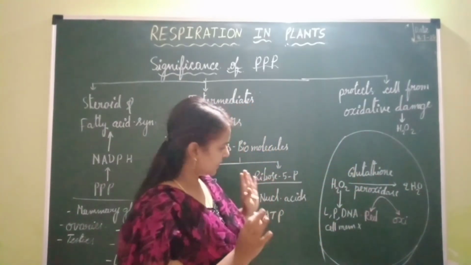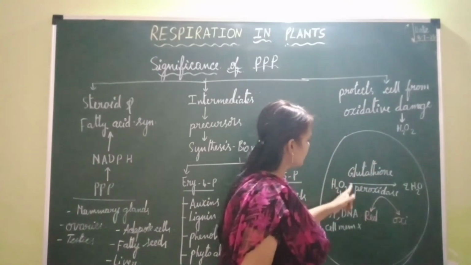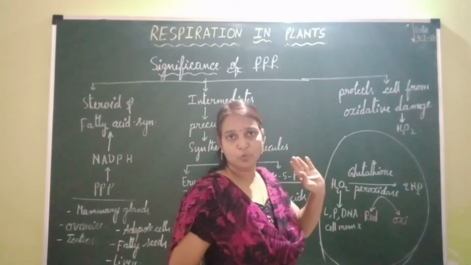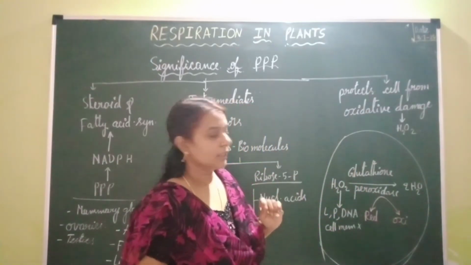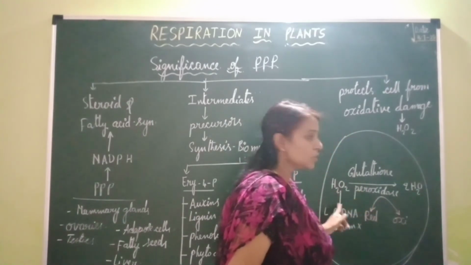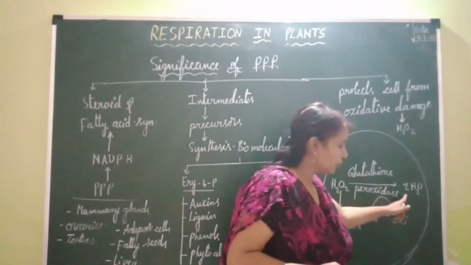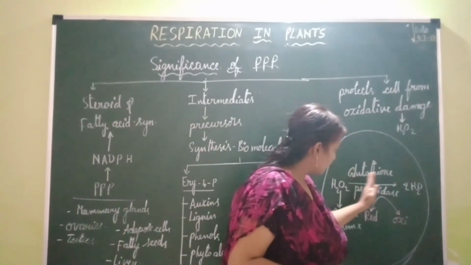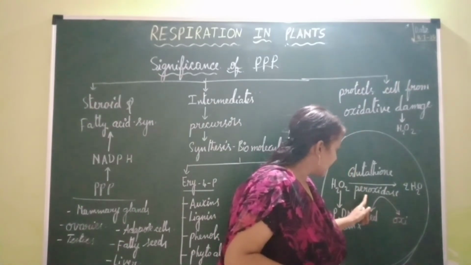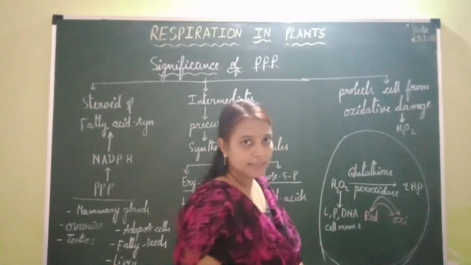In its reduced state only it can convert hydrogen peroxide into water, because for this conversion it requires protons. In the reduced state it consists of protons, which it can donate during the conversion of hydrogen peroxide into water. After the conversion, the glutathione peroxidase enzyme is converted into its oxidized state.